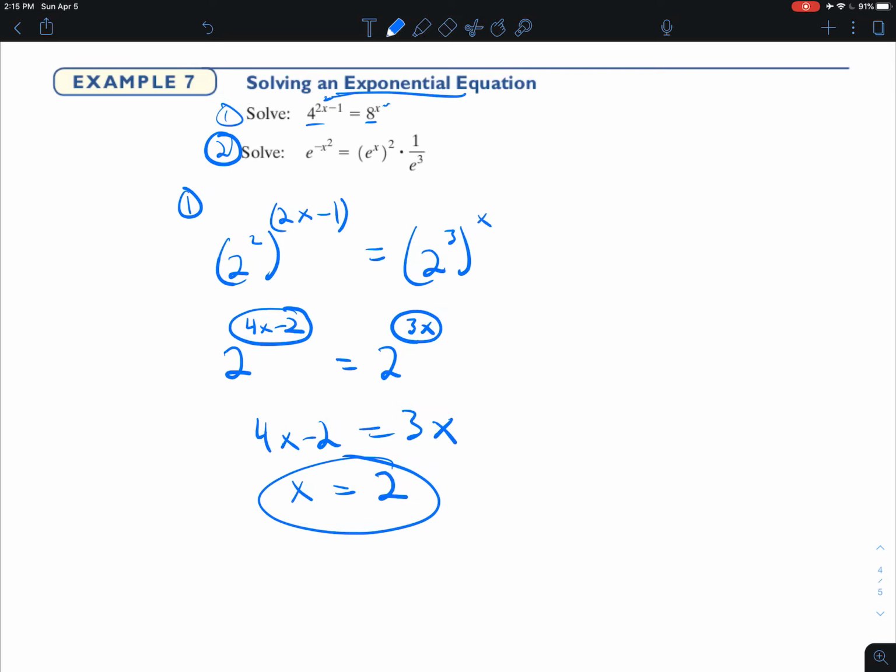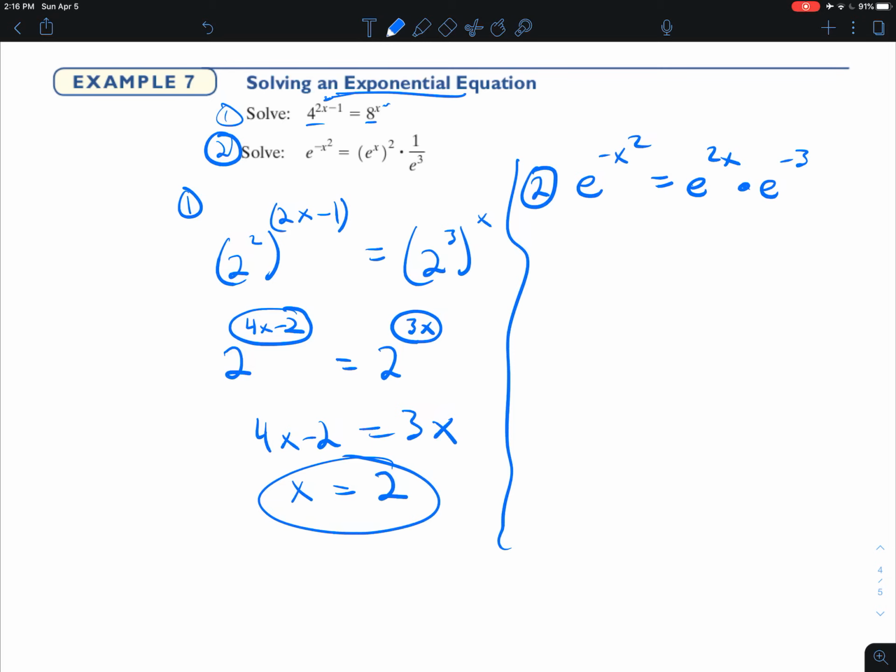And you have a couple options with this second one here, a lot of choices. I'm going to work on that right side and call this e to the 2x, and then that's times e to the negative 3rd.